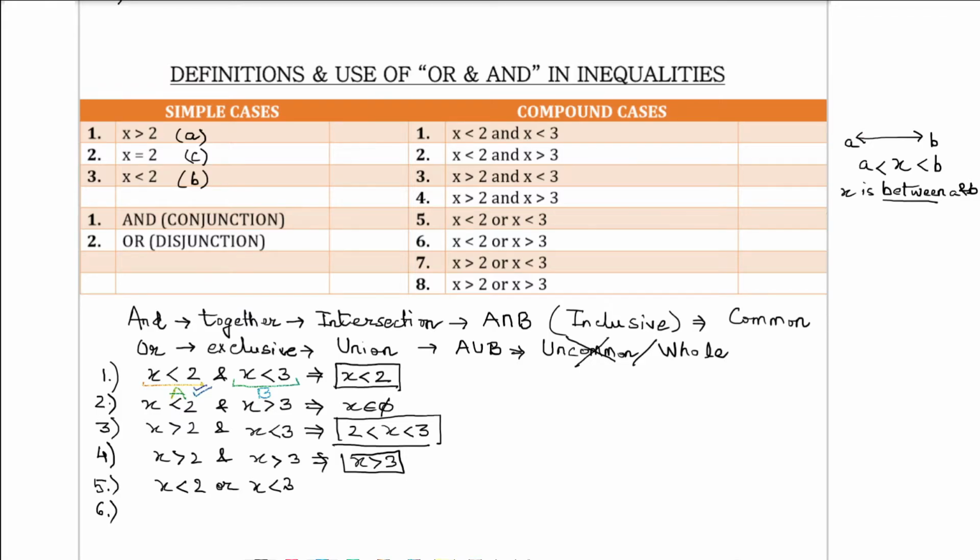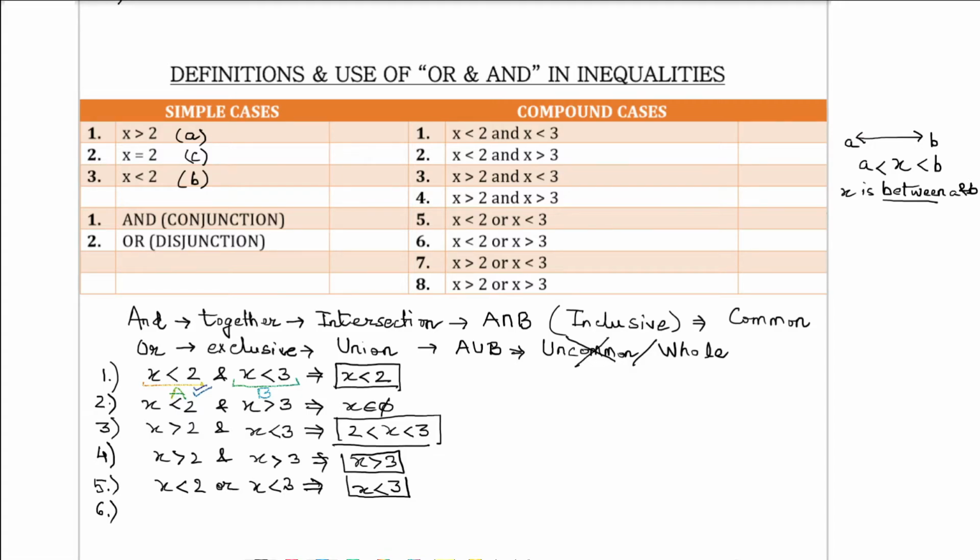So once I know that I'm supposed to join two things together, which is x less than 2 and x less than 3, it is always the superior one which represents the whole part of it, which means x is less than 3. See, this comes as a contrast to the first case, wherein it was always the lesser between the two, and here it is always the greater between the two. The greater here refers to a bigger set.